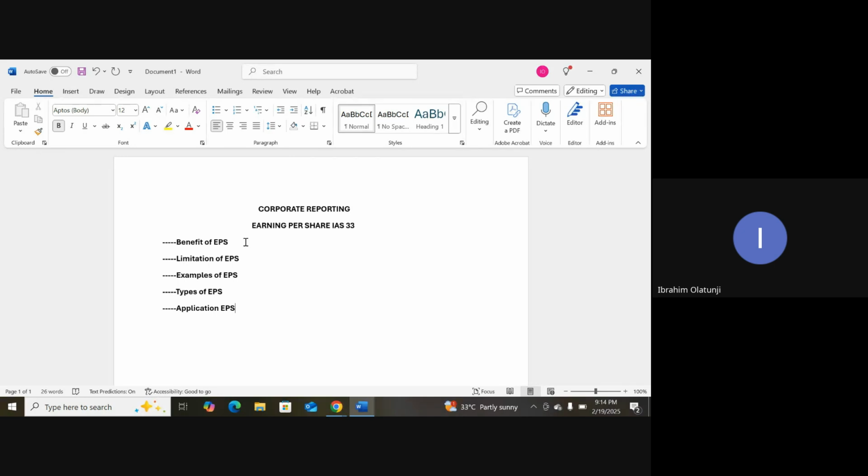Not only that, we can also use earnings per share to forecast the future profitability performance of an entity.